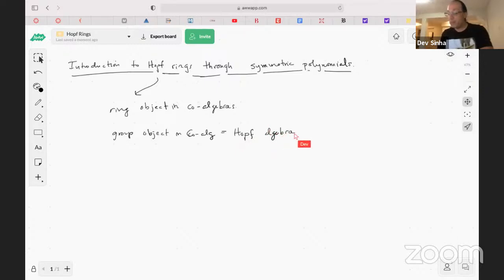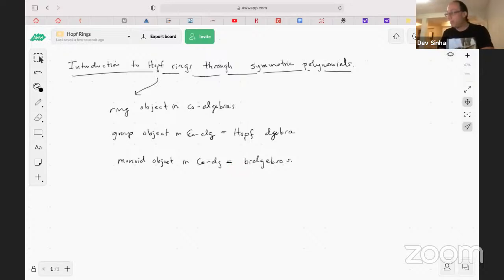The monoid objects are bialgebras. But really, it would be nice to call these Hopf monoids, Hopf groups, and then everybody would know what a Hopf ring was, but that's not how history developed.